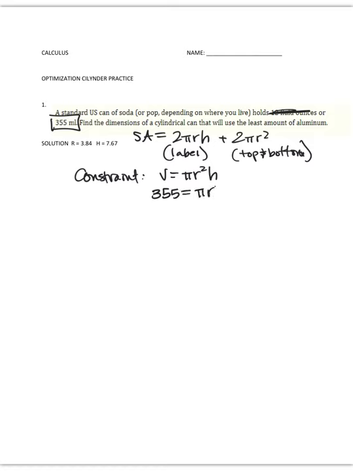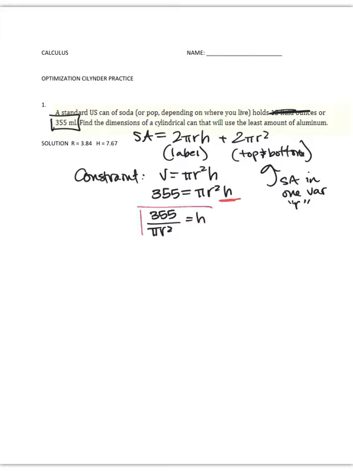So what we want to do is have the surface area in one variable. And in this case, we're going to put it in the variable of r, the radius. So what we have to do is isolate that h. The way we would do that is to divide everything by pi r squared, so that is what our h is.